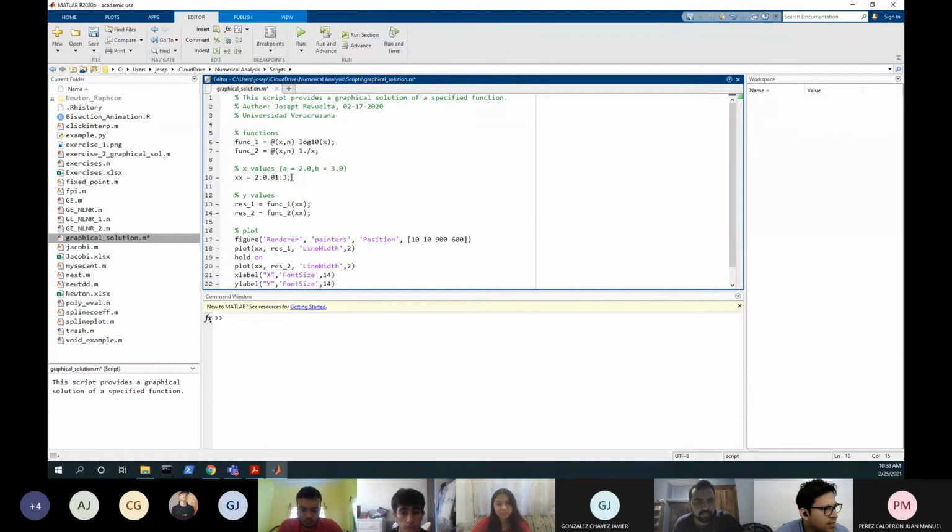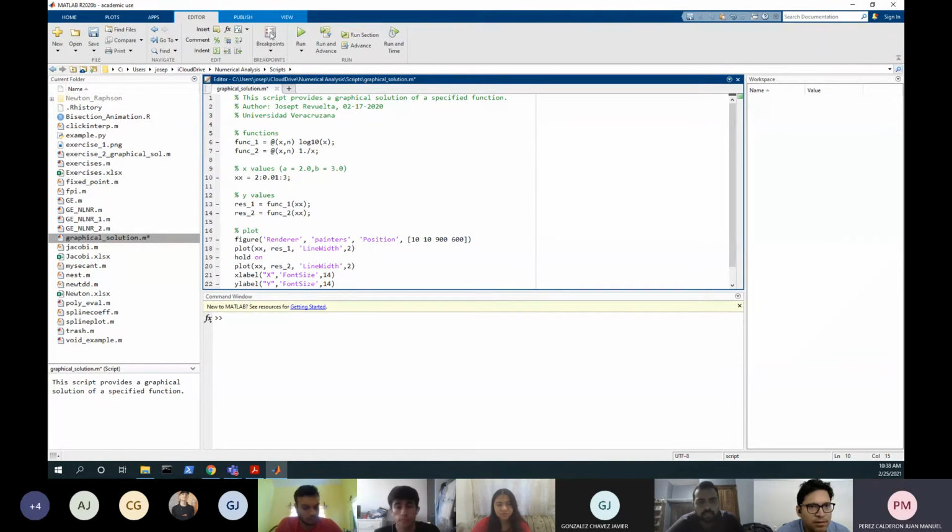Can you see it? Because I see that you cannot see it clearly. Do I have to increase the font? ¿Lo pueden ver o incremento la fuente? Sí, está muy pequeñito.